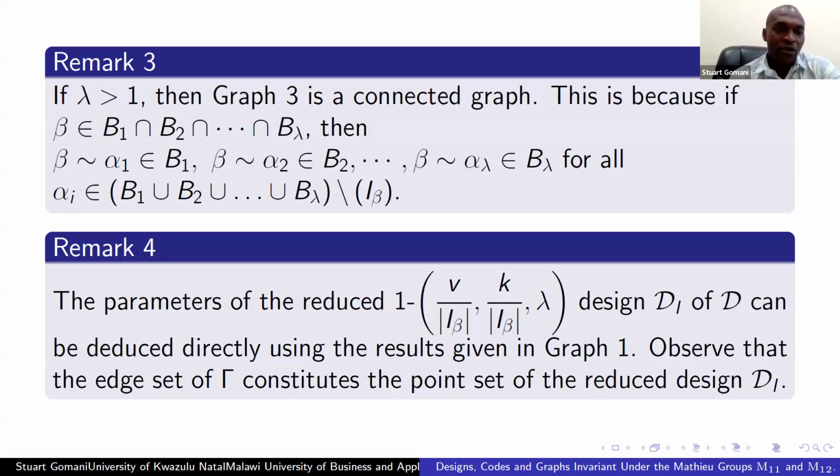The last striking thing that we can notice is that the parameters of the reduced design, which we denote by calligraphic B sub m, can be deduced directly from the results of the graph 1 that we constructed. We found that relationship, that interplay between the design and this graph, quite interesting.